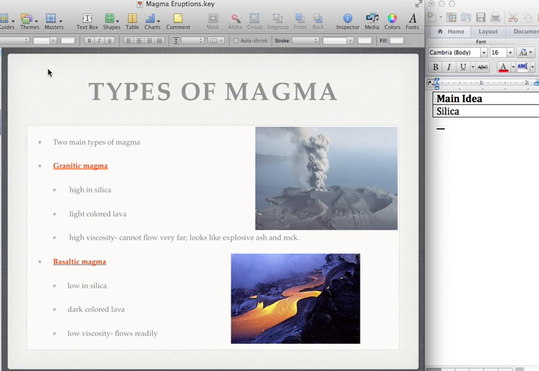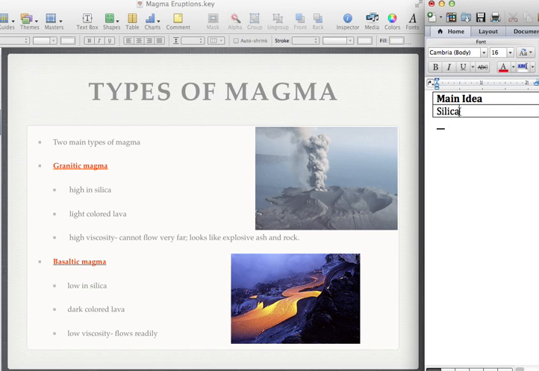It turns out that there are basically two main types of magma, and the big difference is how much silica they have in them. The first type of magma we have is called granitic magma. Right? So if you were to guess, you would probably guess that this forms granite when it cools, and you would be right. So it's basically melted granite.